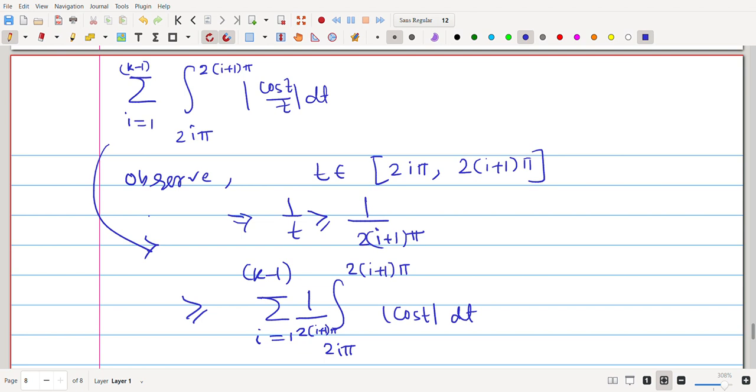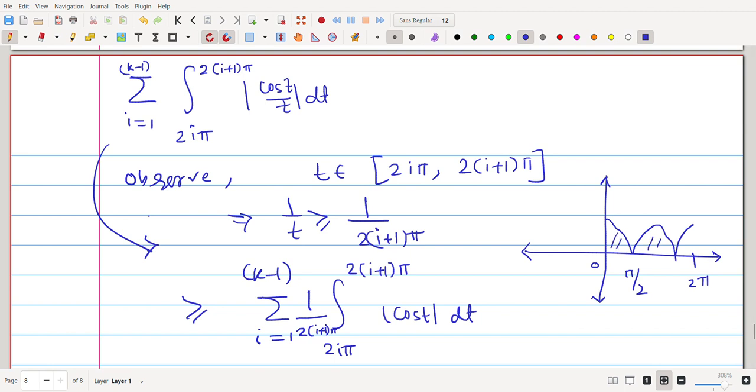Now what is this value? See, if you draw the picture of mod cos t, say this is 0, this is 2 pi, something like that. If I am not wrong, this is the graph of mod cos t.